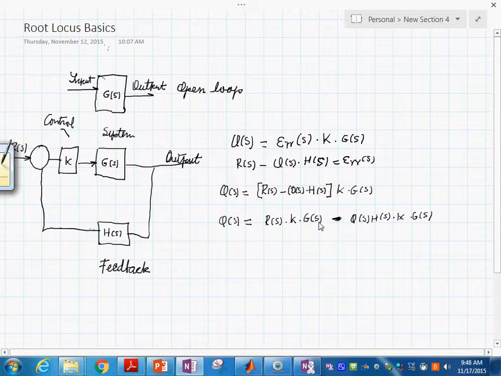Okay. So in here we need to put all the terms that contain the output on the other side.